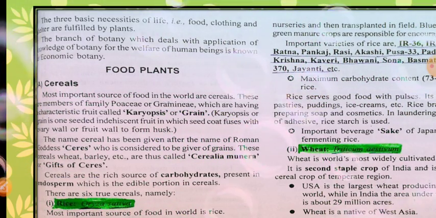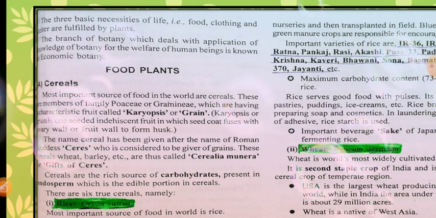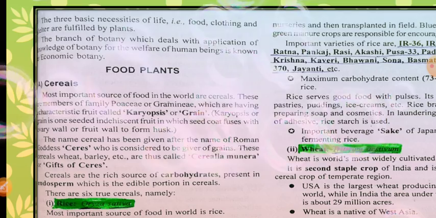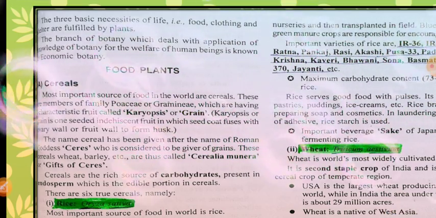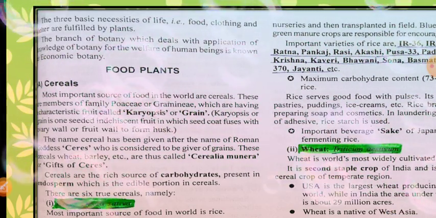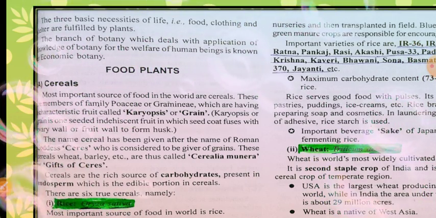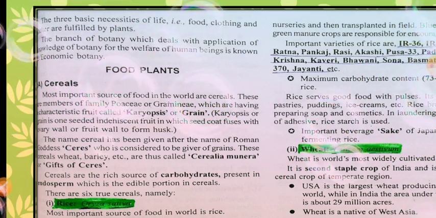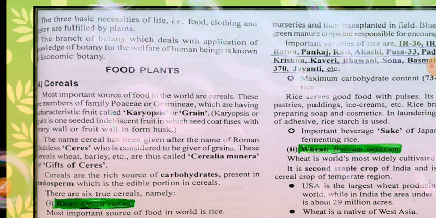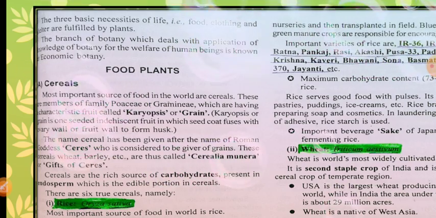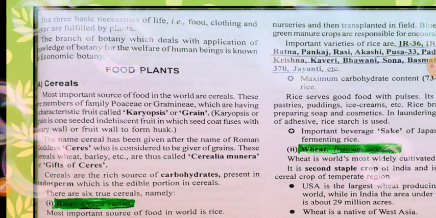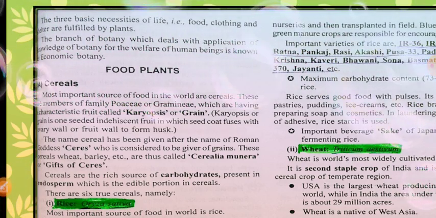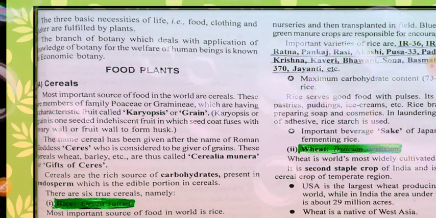So the branch of botany which deals with the application of the knowledge of botany for the welfare of human beings is known as economic botany. Whatever we work or use in a single day is applicable in our daily life and human welfare, and that is what economic botany deals with.